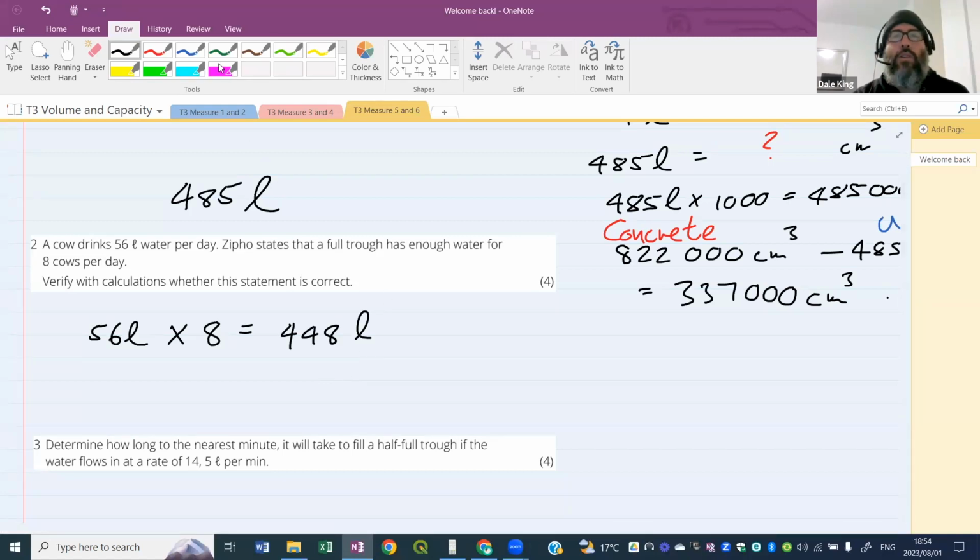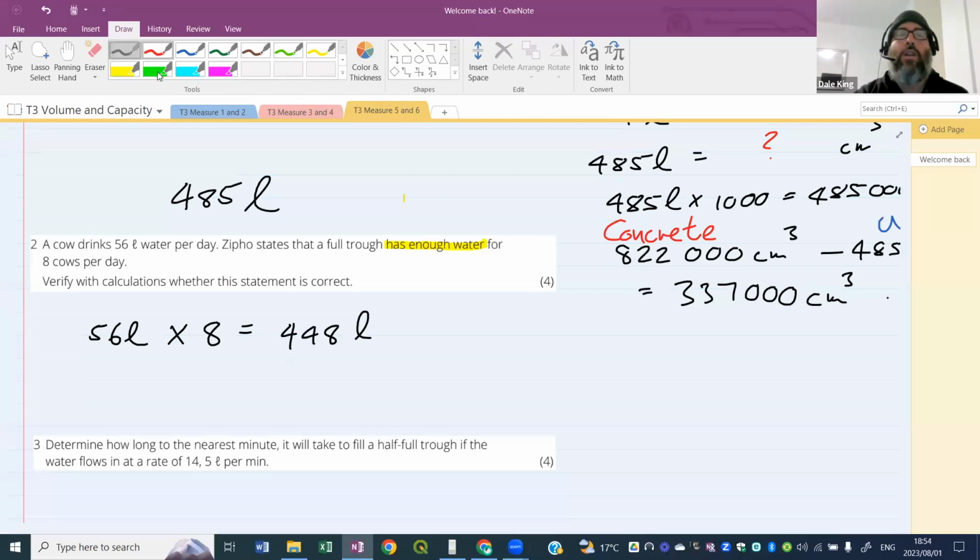Now, all you people that are saying he's not correct, careful with the question. Look here. It says, Zibo states that a full trough has enough water. Well, it does, because a full trough has 485 liters. His 8 cows only need 448 liters. So yes, the trough has enough water for his 8 cows for one day.